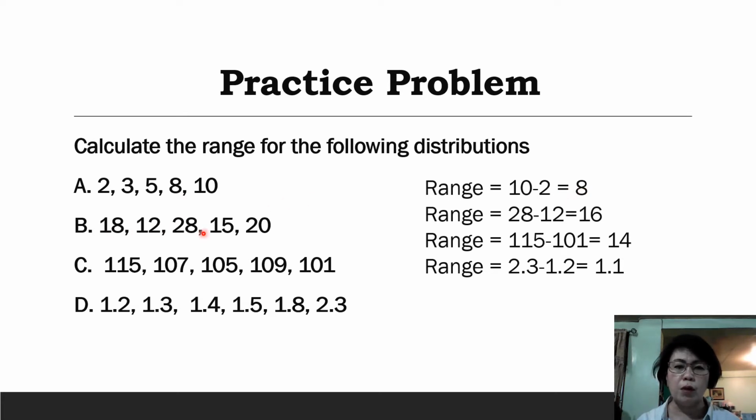For distribution B, the highest score is 28 and the lowest is 12, and you have the range of 16. For distribution letter C, the highest score is 118 and the lowest is 101, which gives us a range of 14. For distribution letter D, the highest score is 2.3 and the lowest is 1.2, which gives us a range of 1.1.